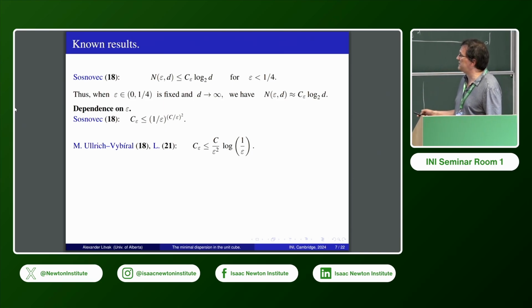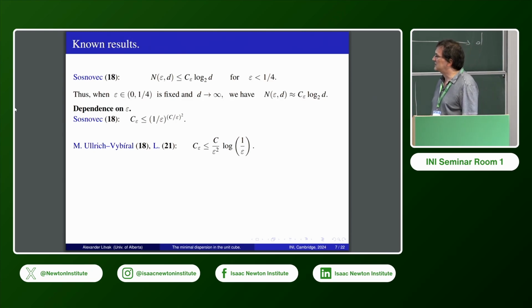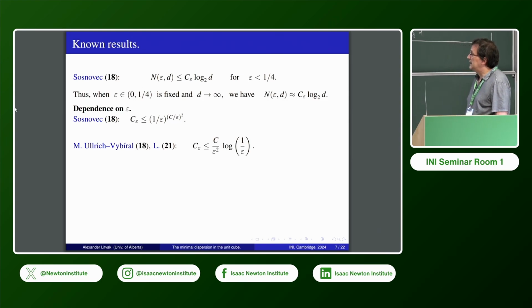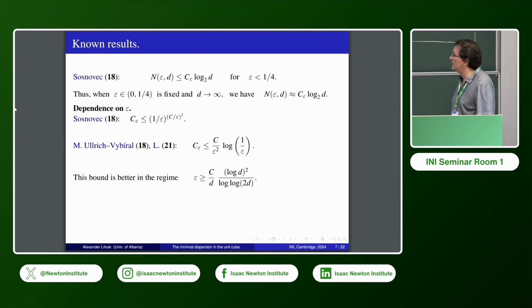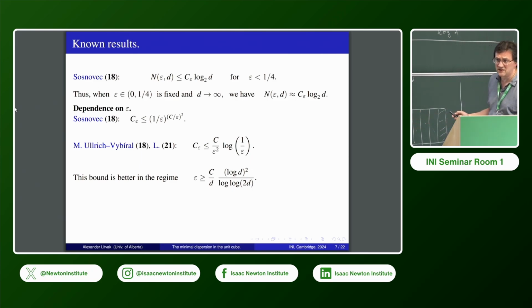It was like this with logarithm squared, and then I used a slightly different approach to remove this power. So we have a bound here, which corresponds to this constant. And just to say that, if you forget about logarithmic factors, this bound is better than previous bounds if epsilon is larger than 1 over d, essentially.